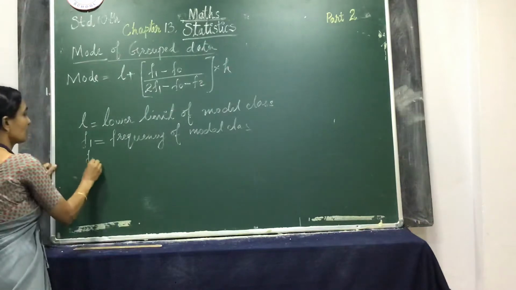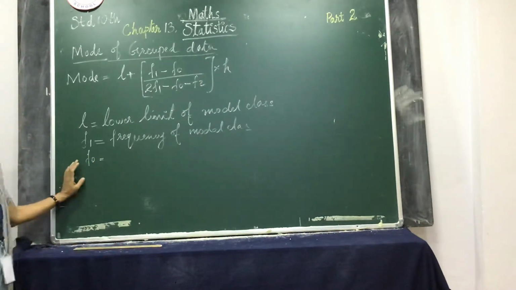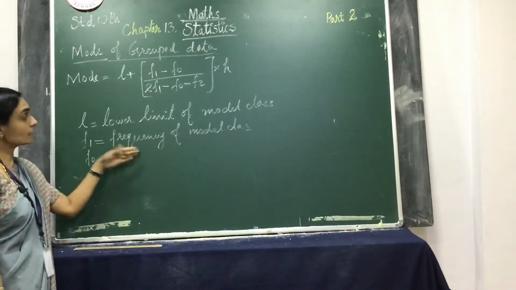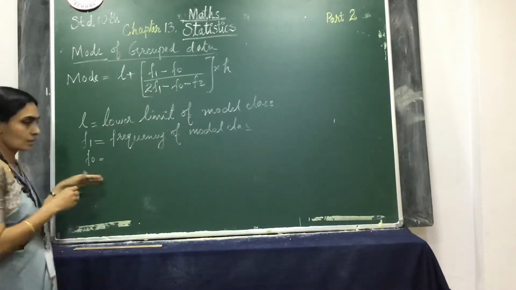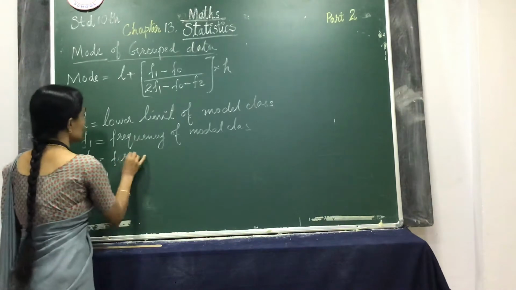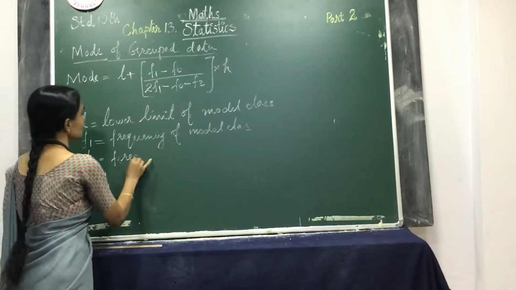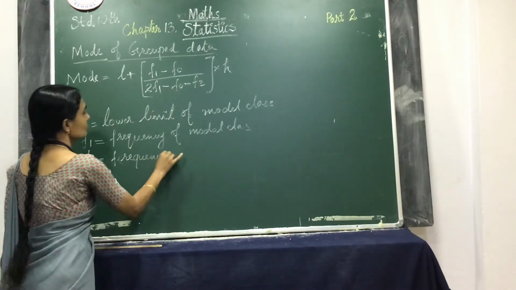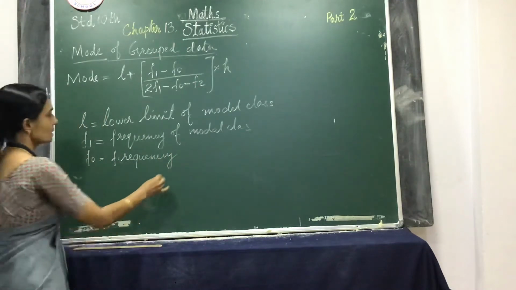and then F0 is the frequency of the class interval preceding the modal class, just before it, and F2 is the frequency of the succeeding class, the class after the modal class.